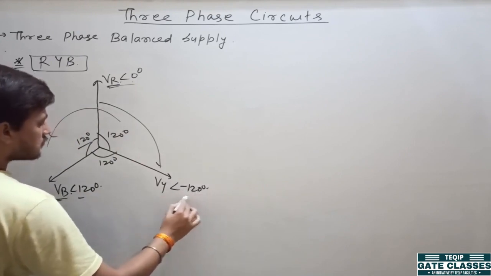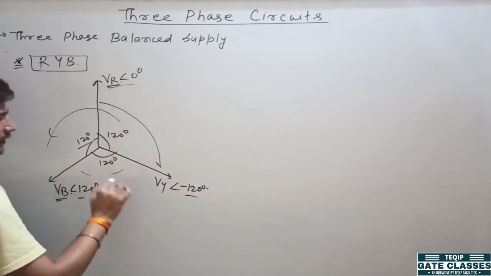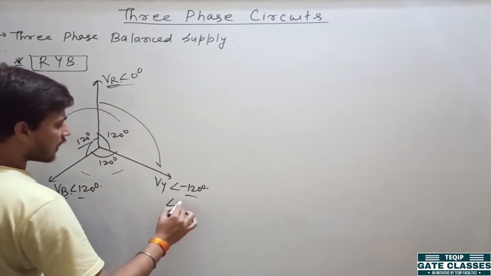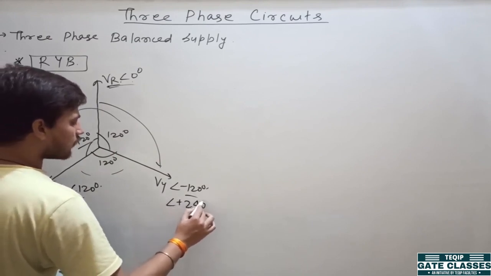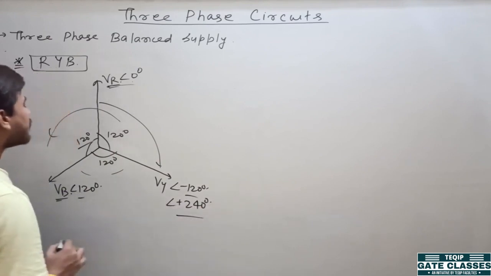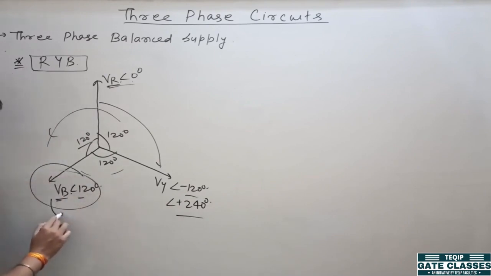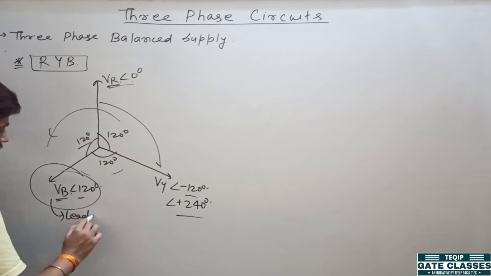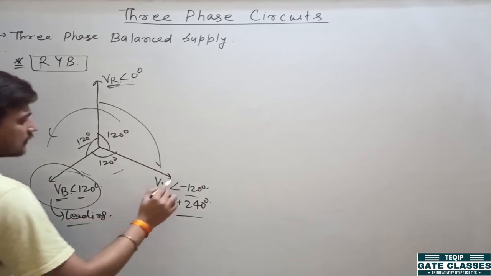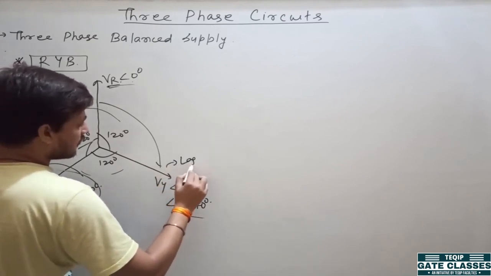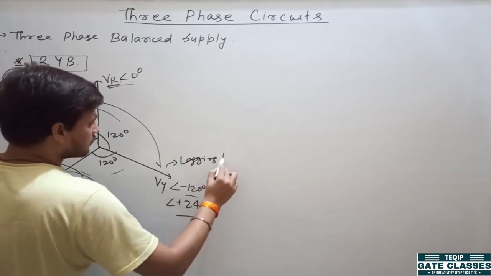Or you can also see, moving from this direction, this is at the angle of plus 240 degree. So what do you see? This is the leading phase, and this is the lagging phase.